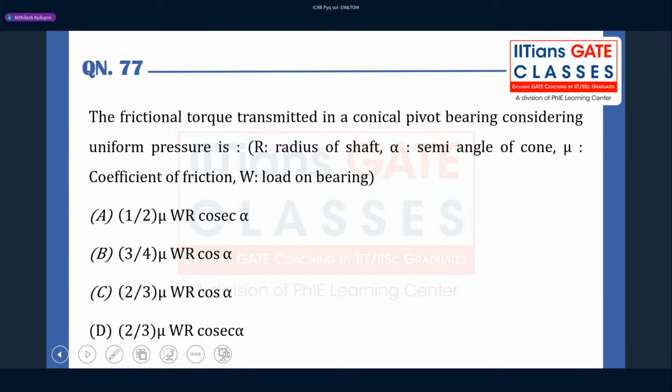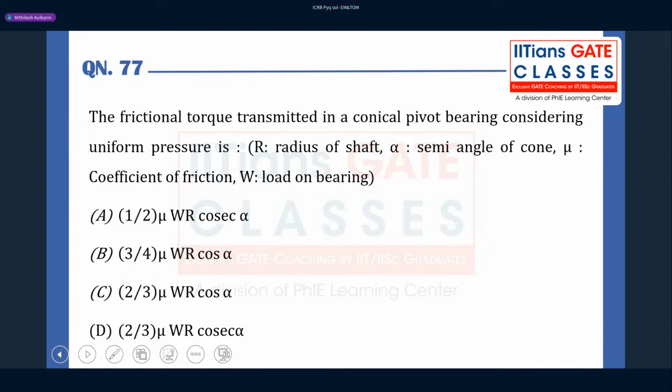You know that we can design basically the clutches, where we can design the brakes on the basis of uniform wear or uniform pressure condition, and we can use that approach here.